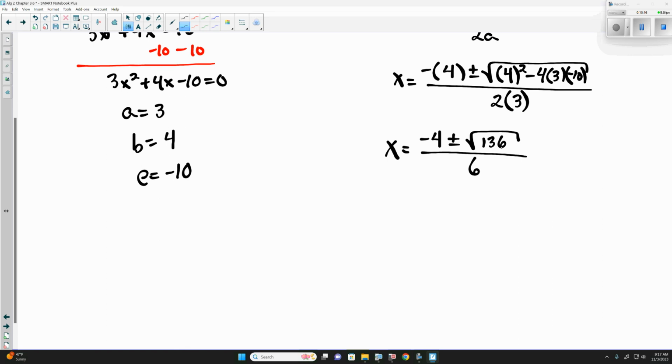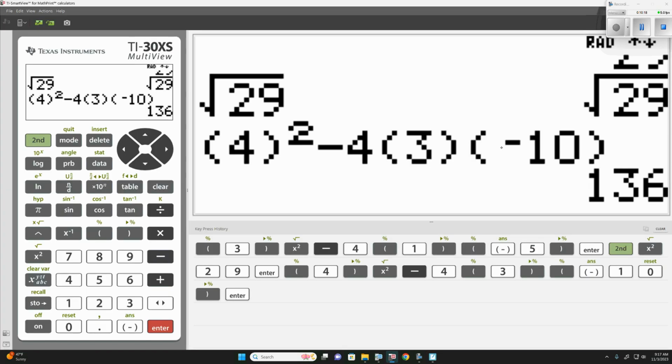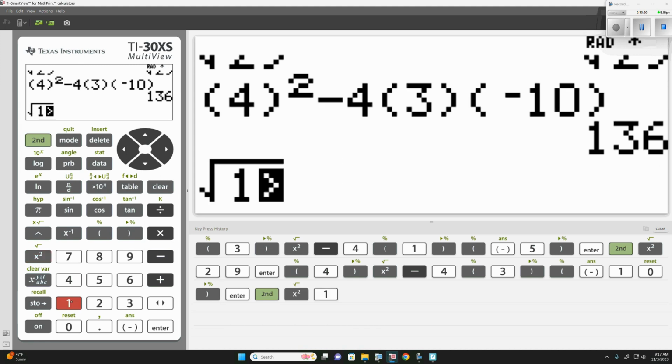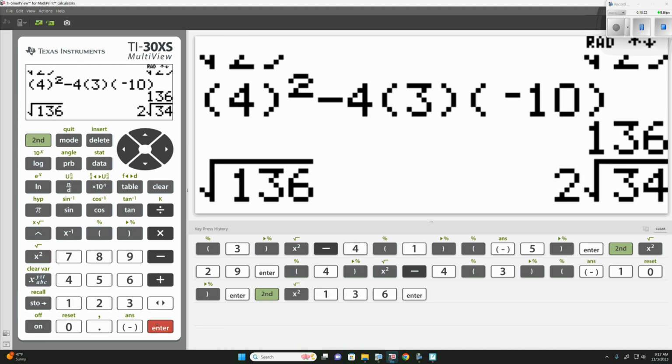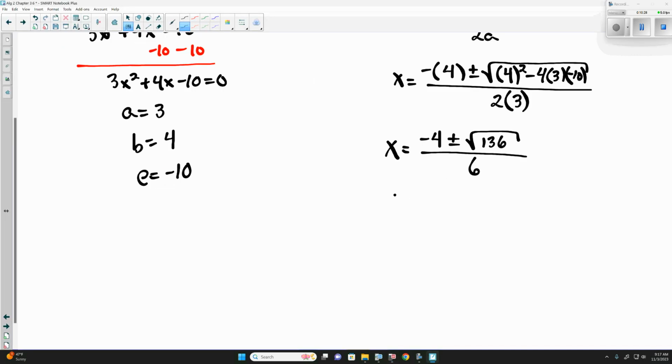So, the next thing I would do in this calculator is to take the square root of 136, which is 2 square root of 34. So that means x is equal to negative 4 plus or minus 2 square root of 34 all over 6.